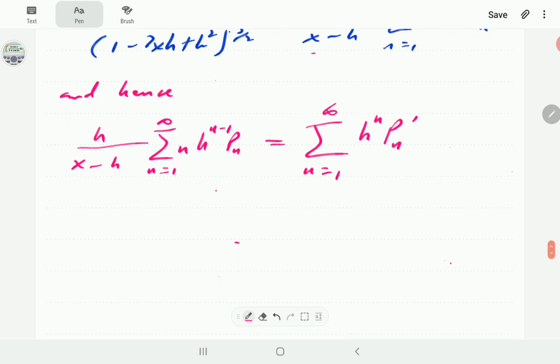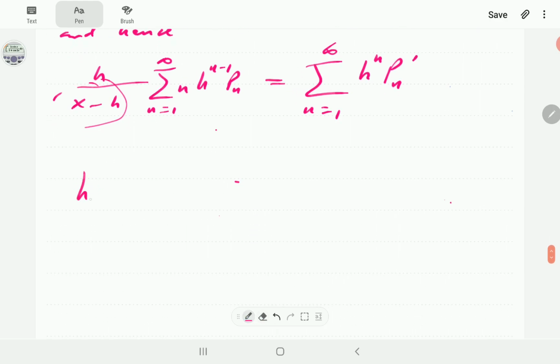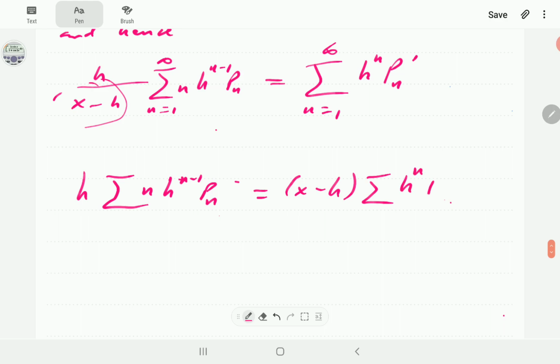Then all we do is take this term and bring it to the right hand side. So we're going to have h into n equals x minus h, h to the power n. So in both cases, n is summing from 1 to infinity.